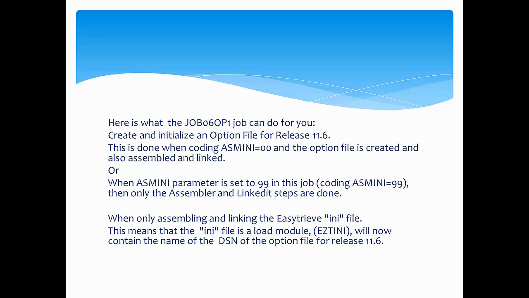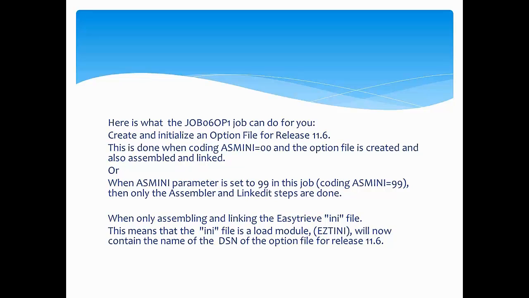When that is done, you're going to have your option file created. It's also going to be assembled and linked. Or if you already have your option file created and you only want to assemble and link it, only do the assembler and the link edit steps, then go ahead, code ASM INI equal to 99.